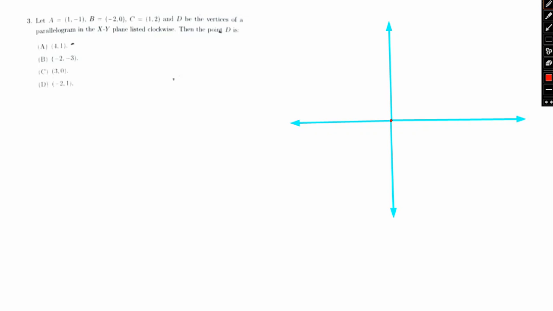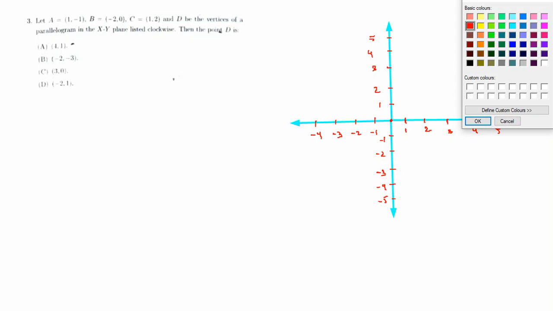So this is my origin, 1, 2, 3, 4, 5. So we have A as (1, -1).